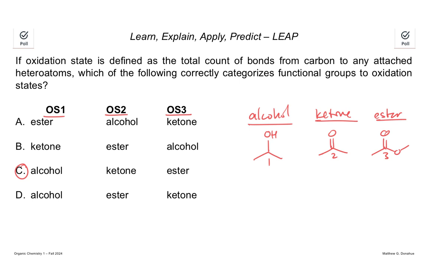And again, the reason for using this classification system is as you learn more reagents, those reagents will really only act upon certain oxidation states. So it helps you determine, in a molecule that has many different oxidation states, where the reaction is going to happen.